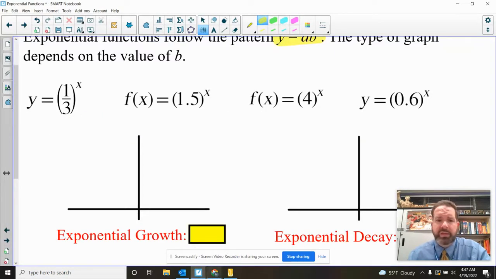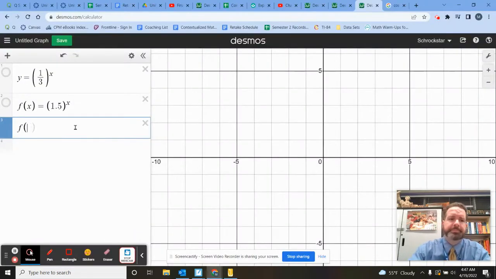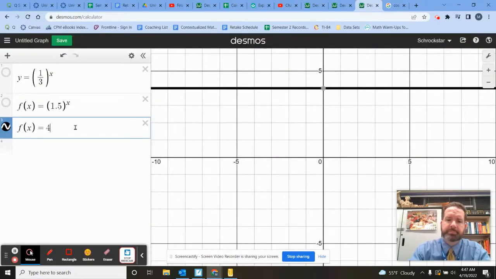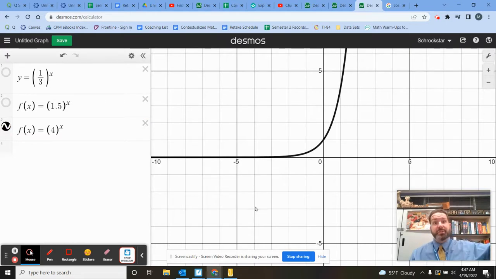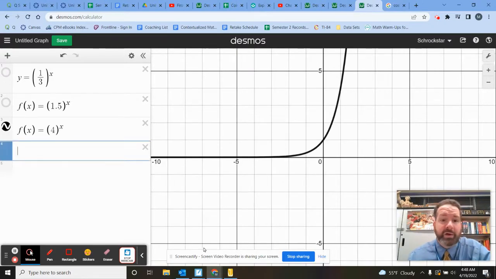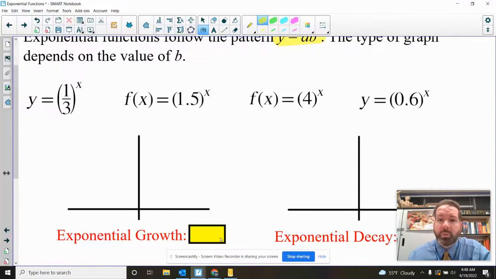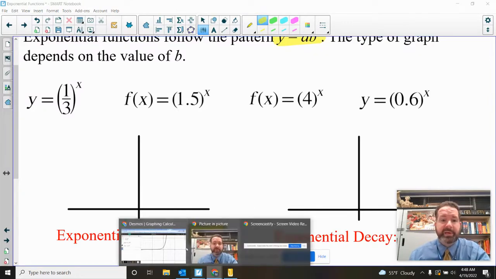f of x equals 4 to the x. Ooh, you see that time I left out the parentheses? Not a bad idea to always have them. So this is another one of those types that goes up. So it starts flat and then starts curving up real quick. And then our last one, y equals 0.6 to the power of x.